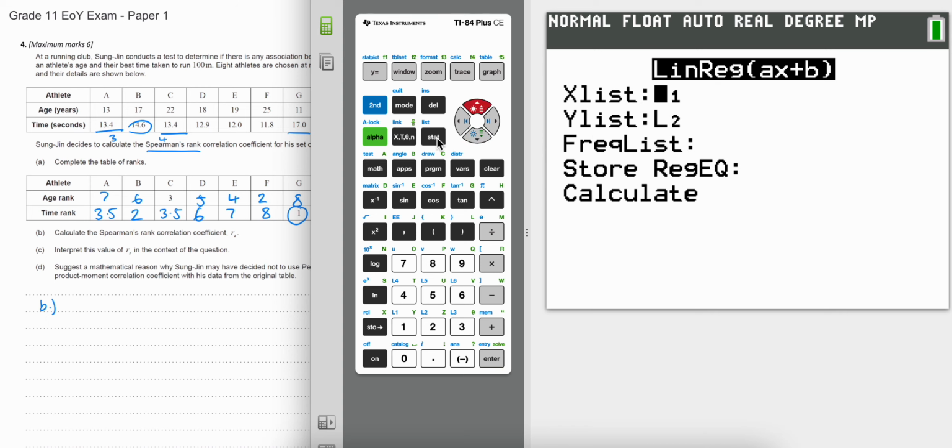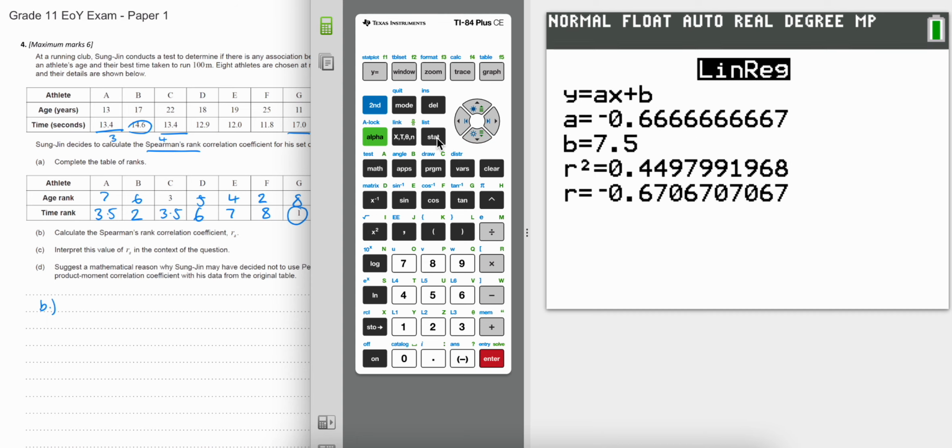So again, X data is list 1, Y data is list 2, and calculate. And my r value there is minus 0.671 to 3 significant figures. So that's the first one, and it's 2 marks for the answer, and therefore 1 is for the answer and 1 is for correctly rounding it.